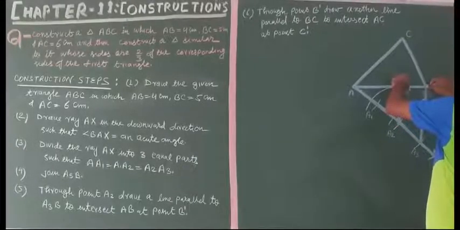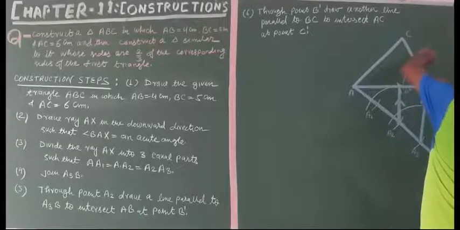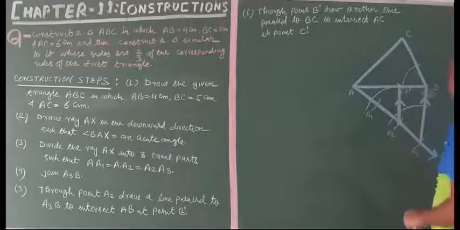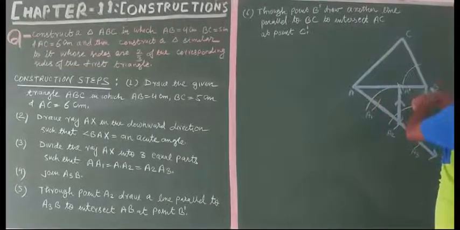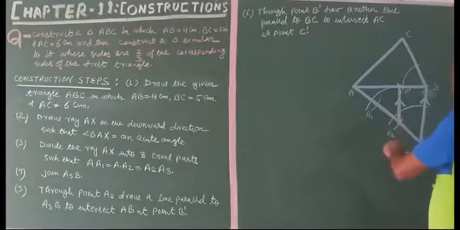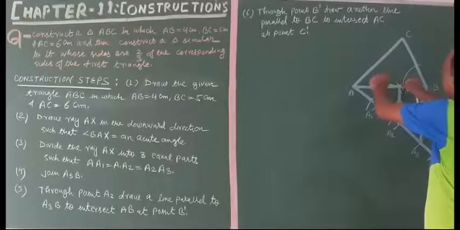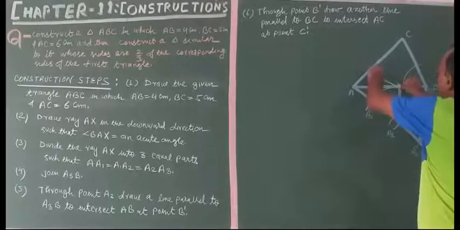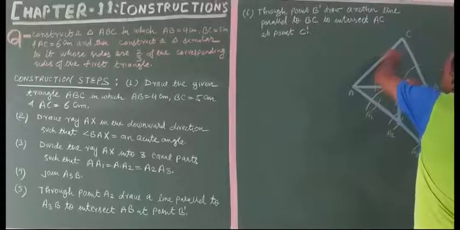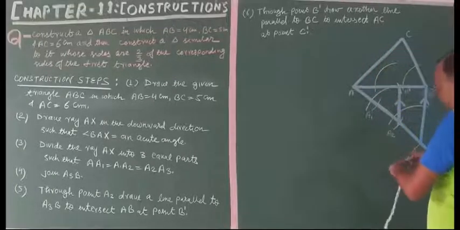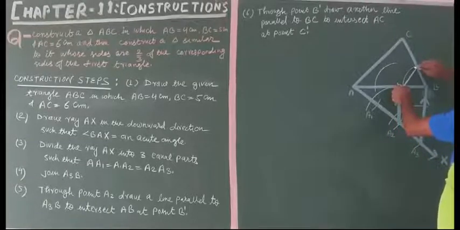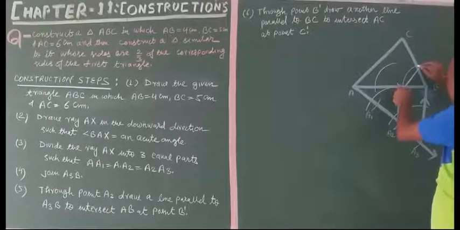in this way an arc, to intersect AB and BC at two distinct points, and we will put this metal point again here and with the same radius we will cut off the arc, and then we will measure this length in this way.